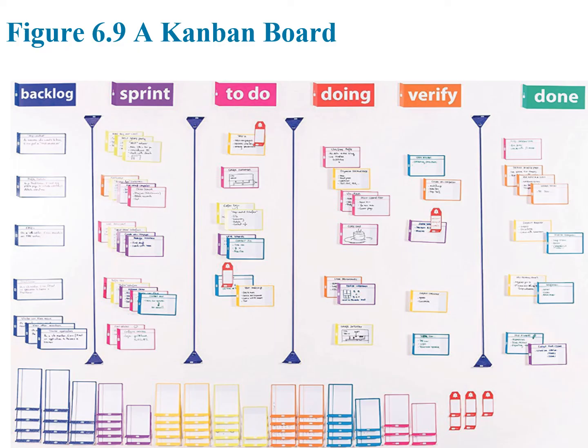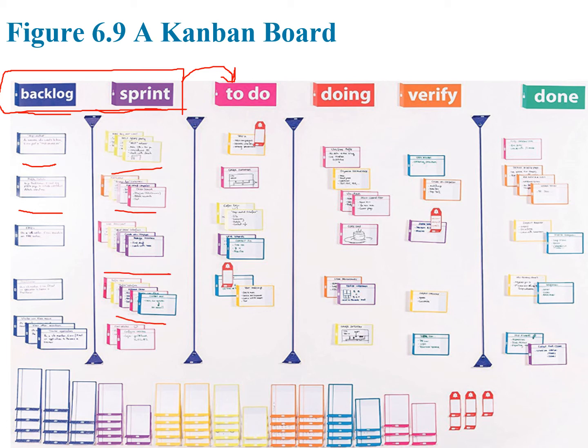Okay, so here is the figure explaining the Kanban board. You can see here we have the backlog and the sprint, and the first sprint and the backlog are considered to do. The backlog is the list of features or specifications of the software, and the sprint represents the tasks to achieve these features, which are then summarized in to do.